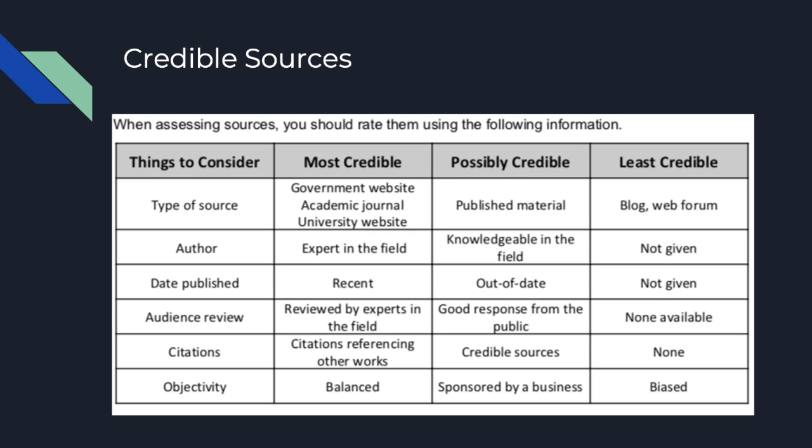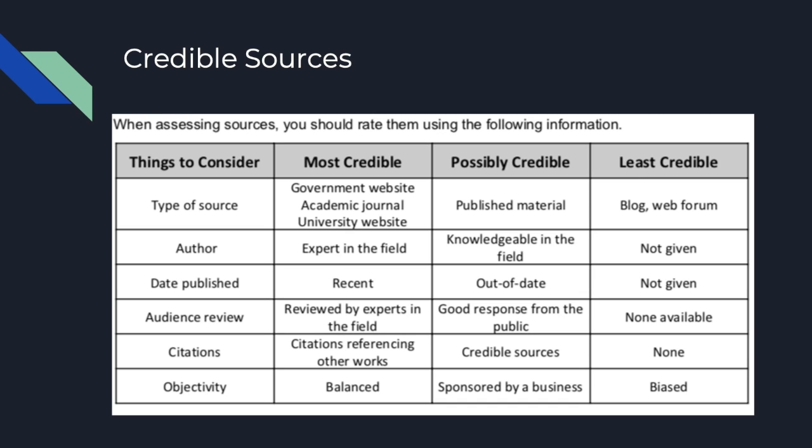So some things to consider is the type of source. You can see here most credible, possibly credible, and then least credible. Look at the author. So is the author an expert in the field? Are they a scientist? Possibly credible. They're maybe knowledgeable in the field.